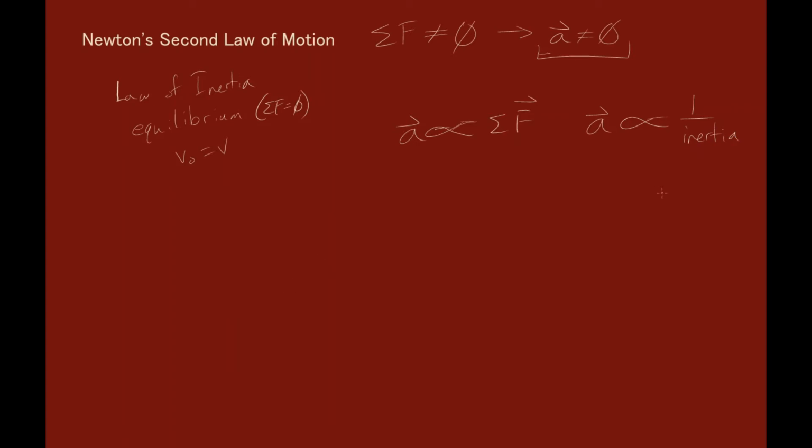It's just that when an object is moving from point A to point B, so if we say it's translating, it's translational inertia. That translational inertia is just the mass of the object.